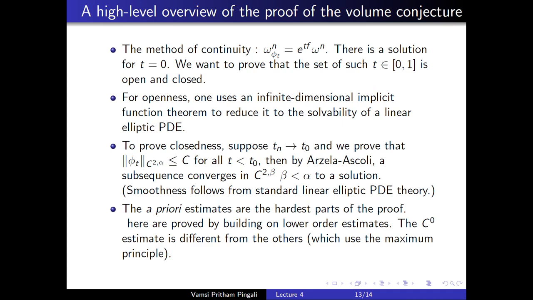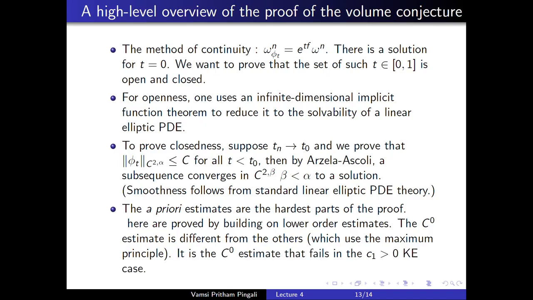The higher order estimates usually use the maximum principle, the same maximum principle we use to prove uniqueness. The C^0 estimate requires some genuinely new ideas. In the case of the Calabi conjecture, Yau used the Moser iteration philosophy, the Nash-Moser iteration technique, to prove it.